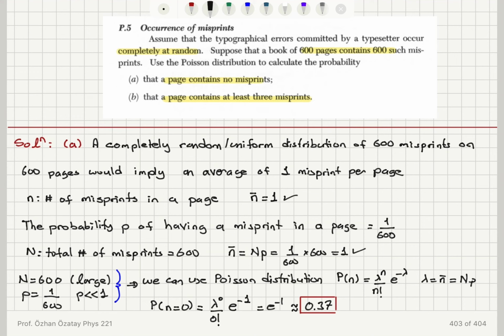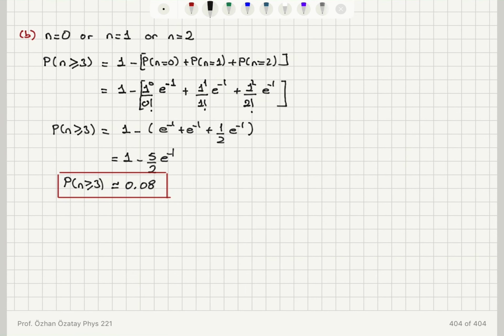For n equal to 0, the number of misprints is 0 for one page. We have 0.37, that is lambda to 0 over 0 factorial, e to the minus lambda, where lambda is n bar, which is 1. And for the probability that a page has at least 3 misprints, we have to discount the probability of having no misprints, 1 misprint and 2 misprints.